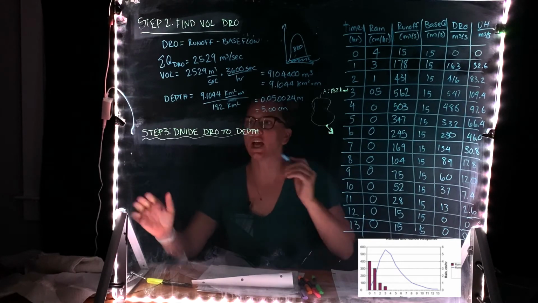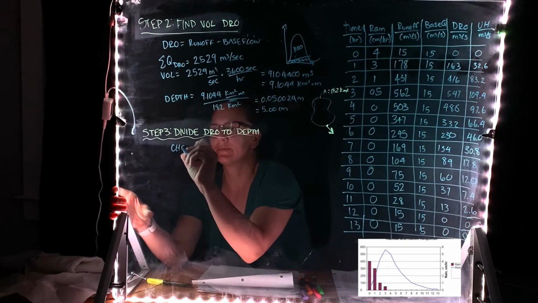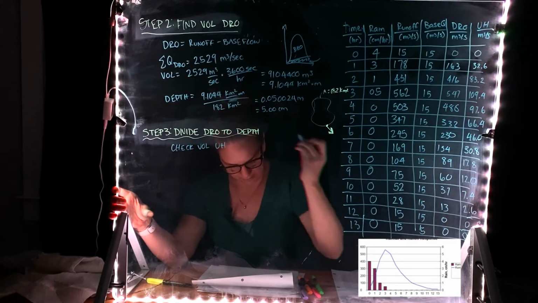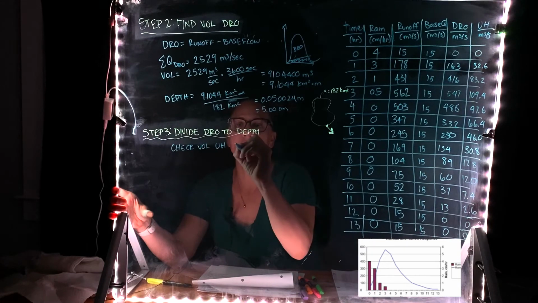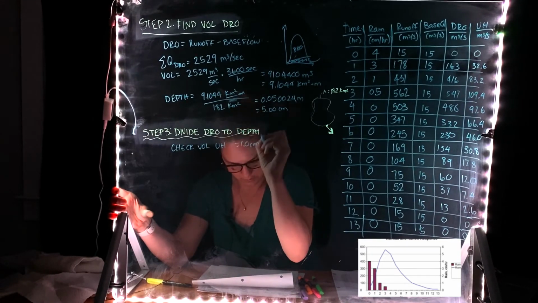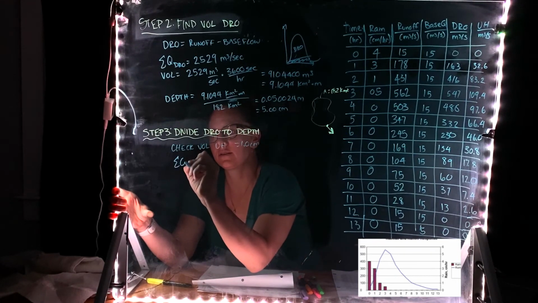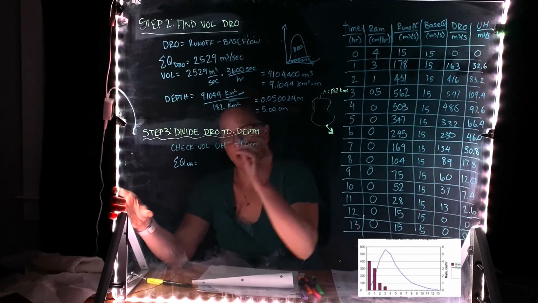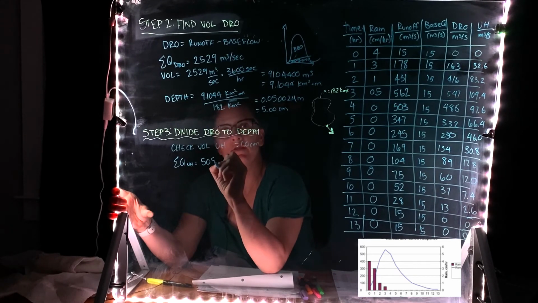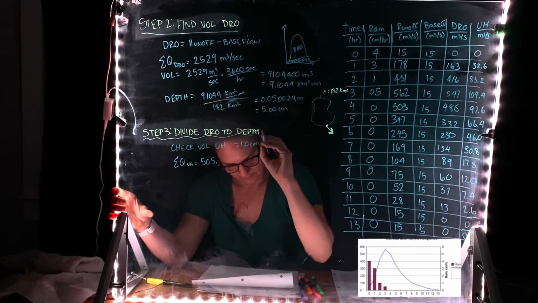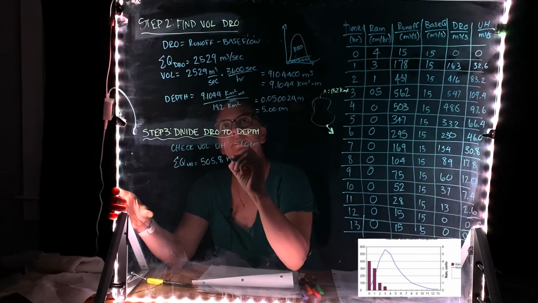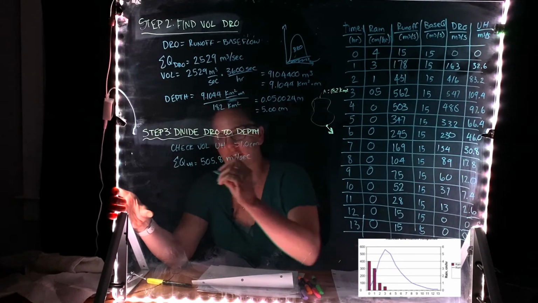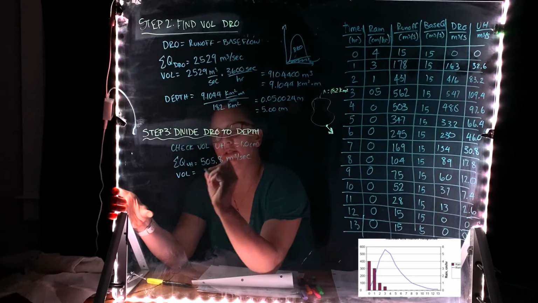So I'm going to check the volume for my unit hydrograph. And what I want it to be is 1.0 centimeters. So I am going to sum that column that I just created. And if you do that, you get 505.8 cubic meters per second. Convert that to a volume, doing the same process we did up here.